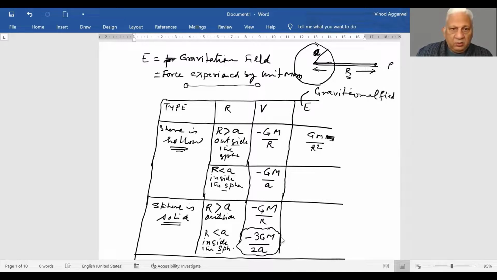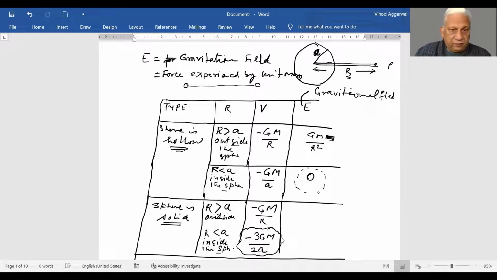And now, if in a hollow sphere, we are inside the hollow sphere, then the field is 0. This is very, very interesting. And you will see a similar treatment when you talk about static electricity. Exactly the same situation happened there also. Okay.